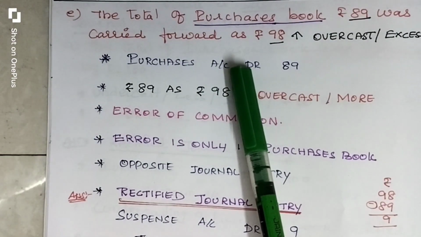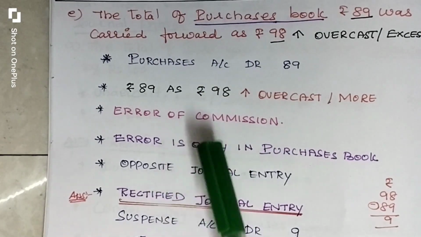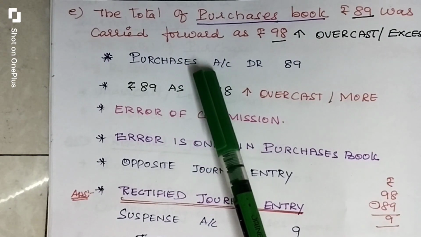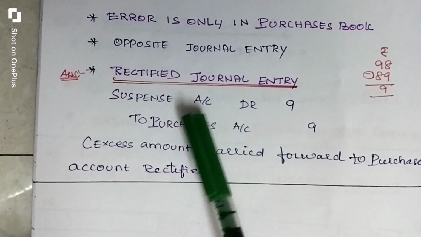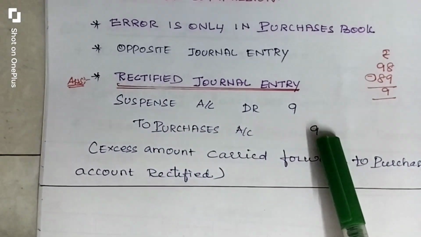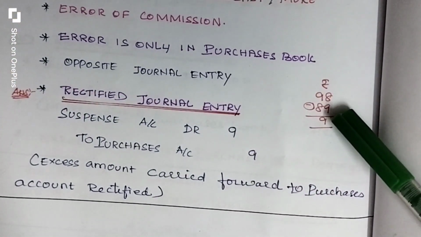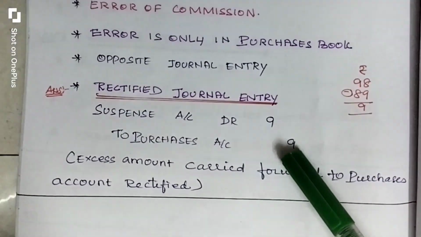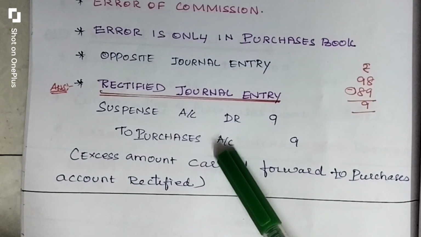To rectify this error, we have to follow the opposite journal entry. That means we credit the purchases account. How much? 9 rupees. How do we get this amount? Subtract 89 from 98, and we get 9 rupees. So for 9 rupees you credit the purchases account, and then the error is rectified.